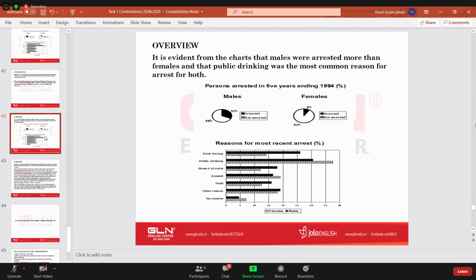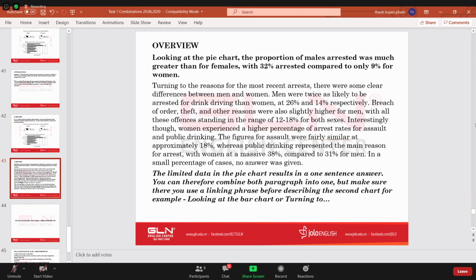With the bar chart, we could really focus on which is the major reason. That's quite easy to do. So let's have a look. What have we done? So looking at the pie chart, the proportion of males arrested is much greater than for females, with 32% arrested compared with 9% for women.